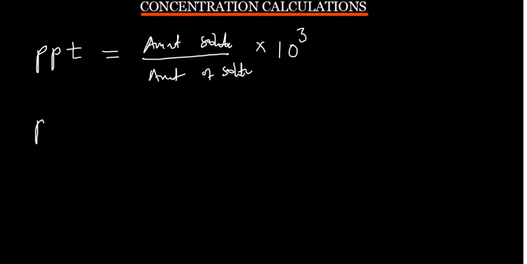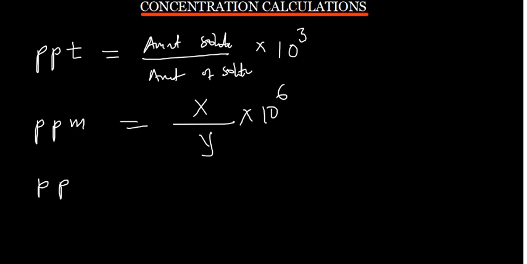You also have parts per million. Parts per million is the same amount on top over amount down times a million, 10 to the power 6. You also have parts per trillion. Now I can't differentiate parts per million, per thousand, and parts per trillion, but you also have that. So that is going to be amount of solute over amount of solution times trillion, which is 10 to the power 12.